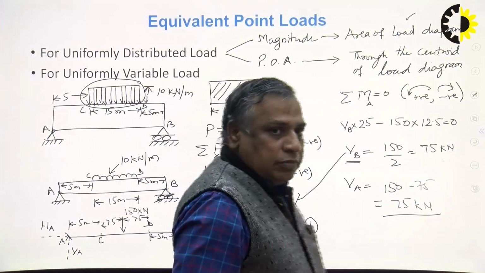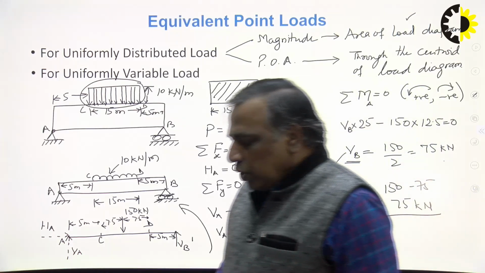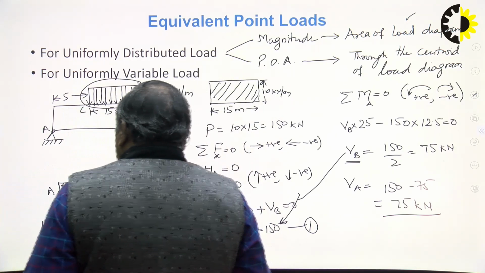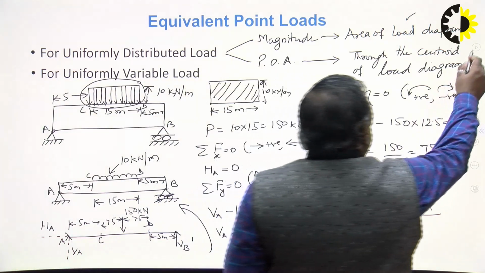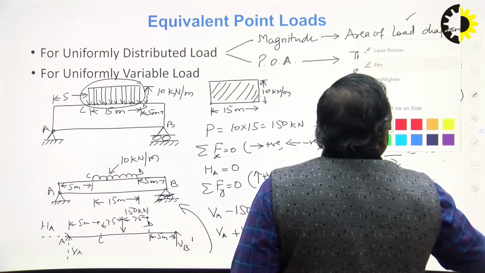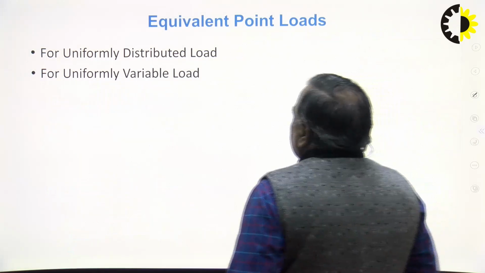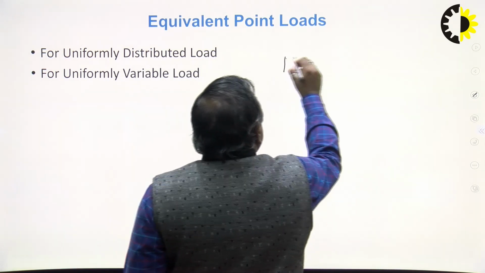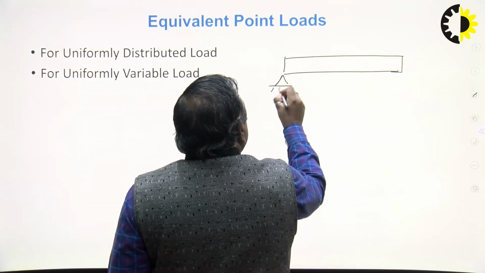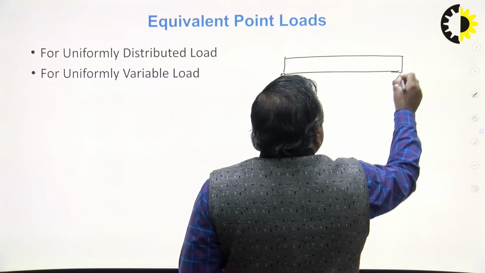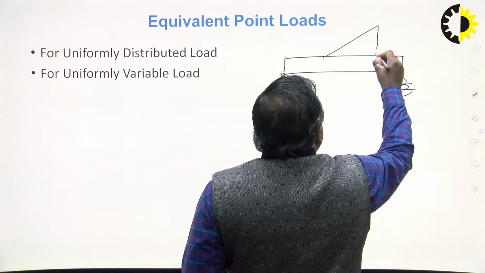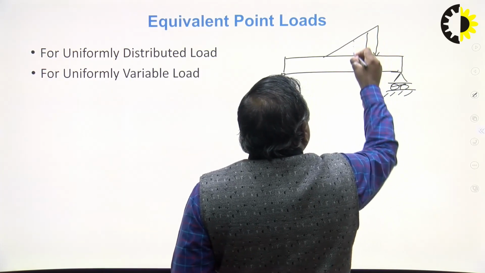So the UDL problem has become simpler after converting this distributed load into the point loads. Now I will come to the uniformly variable loads. For a uniformly variable load, the magnitude or intensity is varying uniformly from 0 to a maximum value.